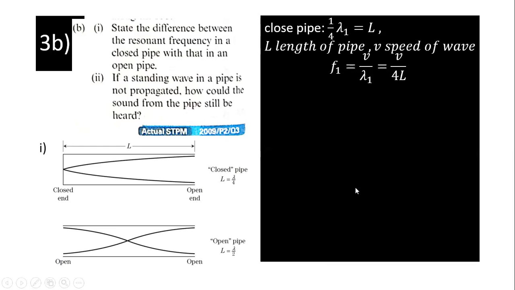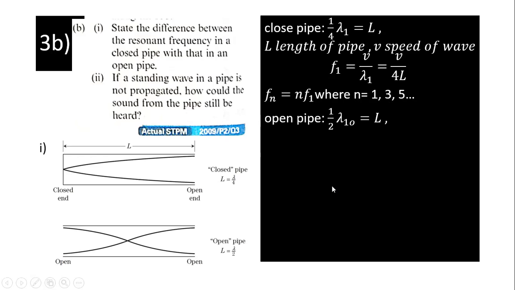You can memorize, or if you cannot memorize, work it out. Then the frequency is Fn. For a closed pipe, n is odd numbers. For an open pipe, half lambda equals L, which is a different wavelength, so we call it F1 naught. The fundamental frequency for an open pipe is V over lambda 1, where lambda 1 is 2L.